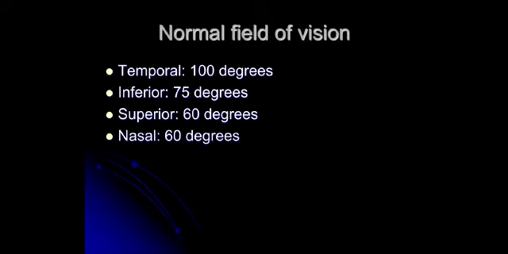The normal field of vision with a white object of 5 mm size is, temporally, around 100 degrees. Since there is no anatomical obstruction on the temporal side of the eyes, the extent of the field of vision in this quadrant is more. So temporal we have 100 degrees. Inferior, 75 degrees.